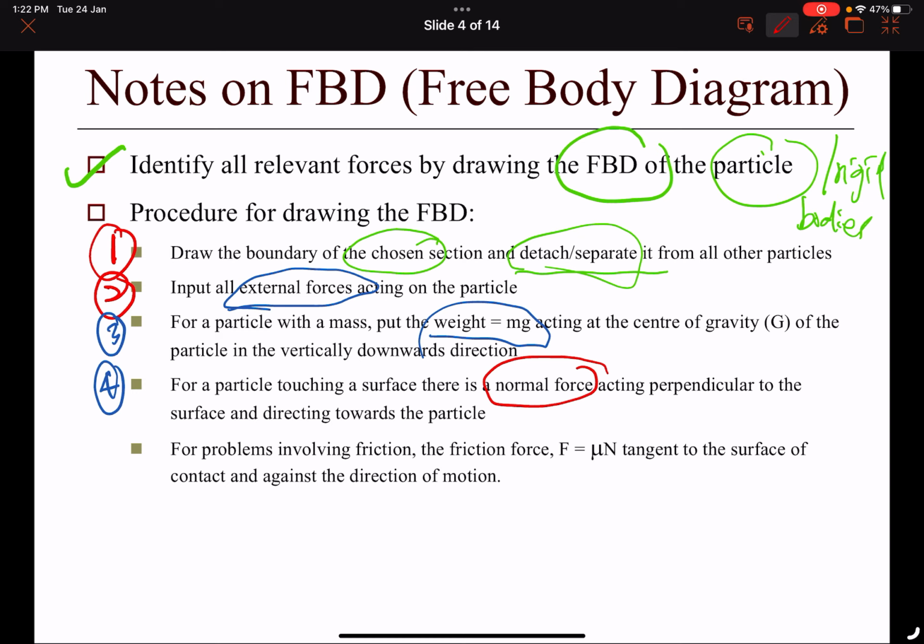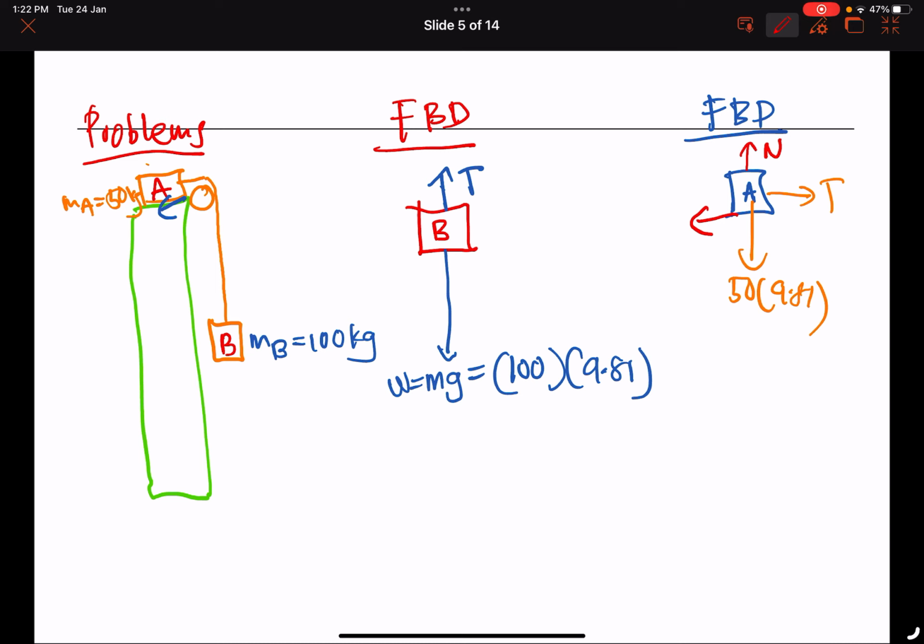So for number 5, which is for problems involving friction, you have to put the friction force tangent to the surface of contact, against the direction of motion. So why do I put this direction? Because it is against the direction of movement of the particle.